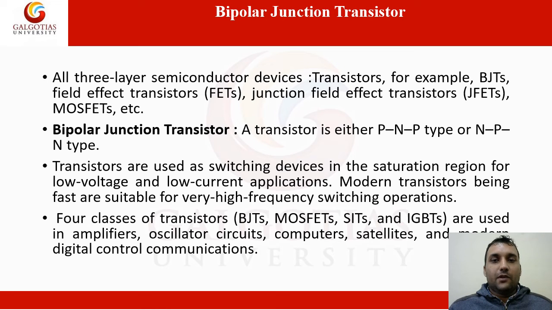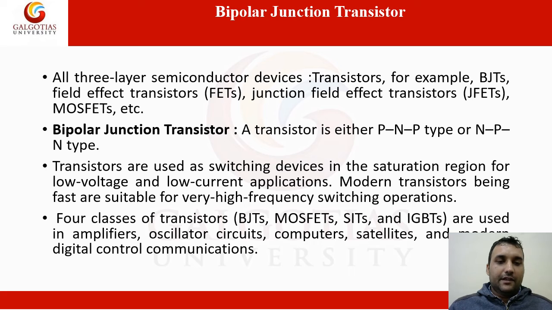Next is the bipolar junction transistor. All three types of semiconductor device transistors, for example BJT, field effect transistors FET, junction field effect transistors, that is JFETs, and MOSFETs, etc. A bipolar junction transistor is either PNP type or NPN type.